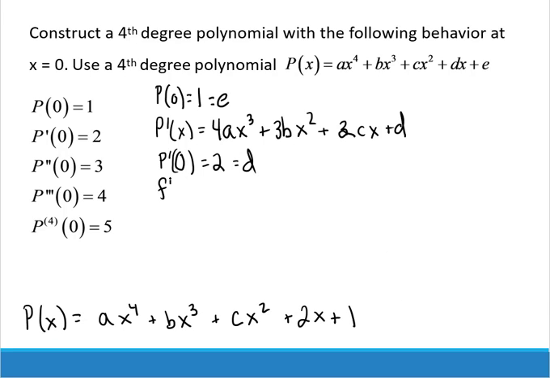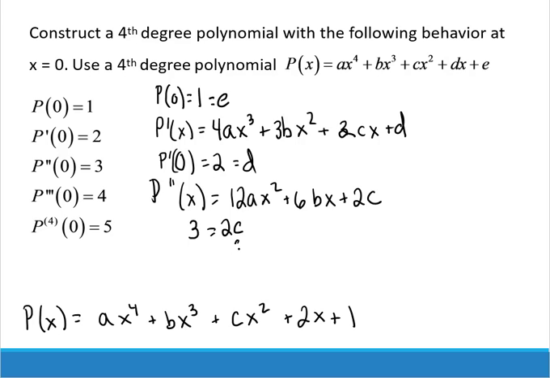My second derivative is 12ax squared plus 6bx plus 2c. My second derivative at 0 is equal to 3, so we get c to equal 3/2.